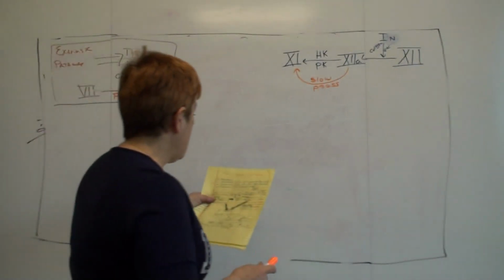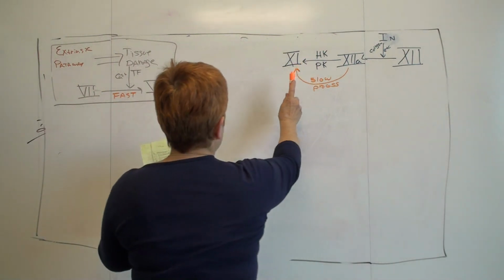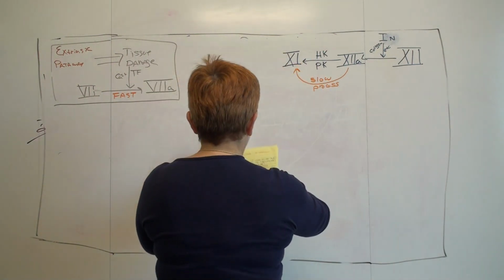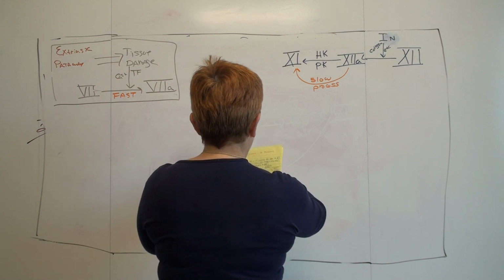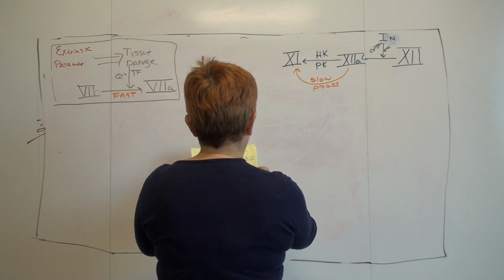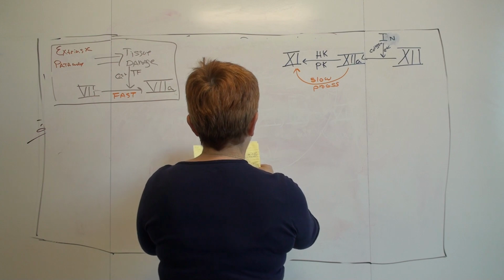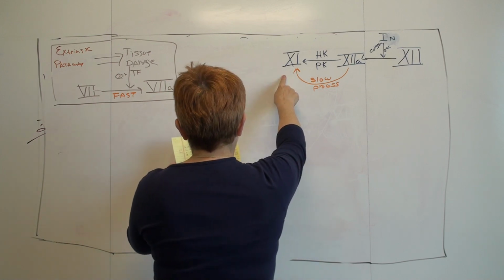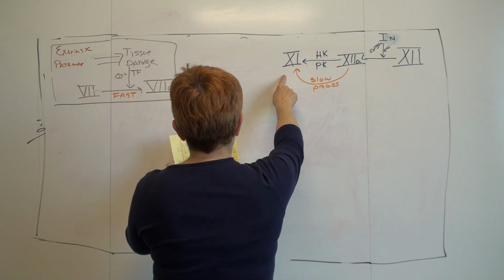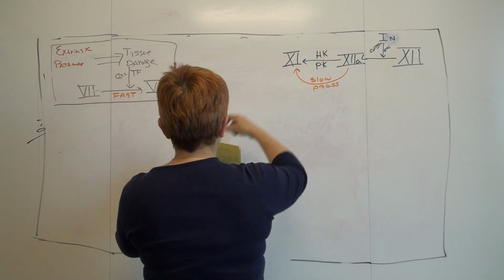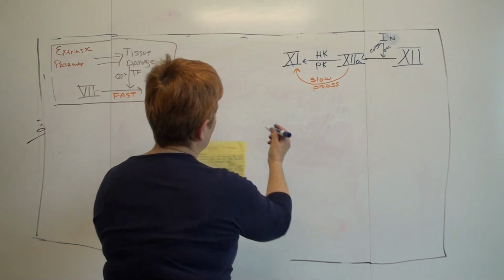All right, then your, oh wait, I did that wrong. No, I didn't. 12 goes to 11. Yes. And then, all right, so then we have to go make 11. See, I get myself confused.